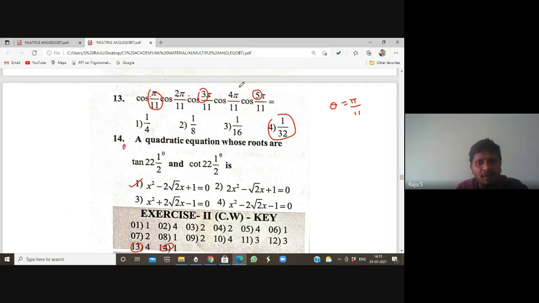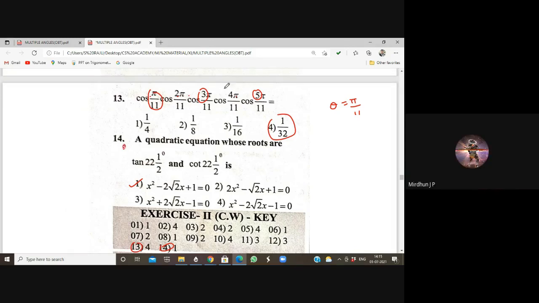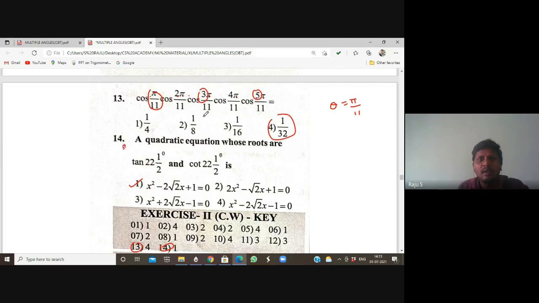If you do not remember the formula, we can multiply the whole equation by 2. When you multiply, we directly get this: 3 pi by 11 can be written as 8 pi by 11.